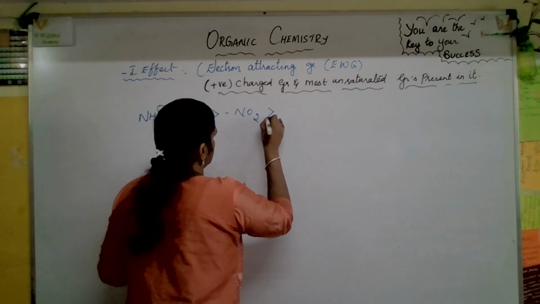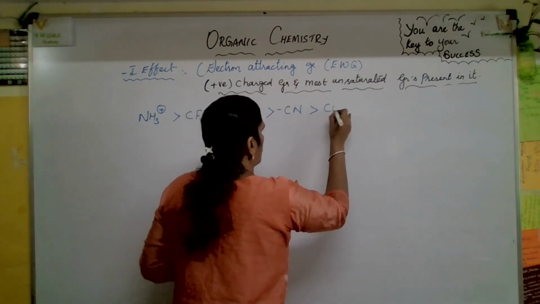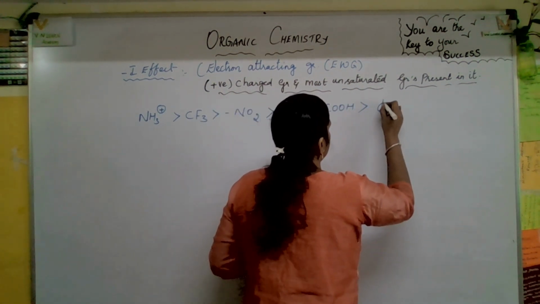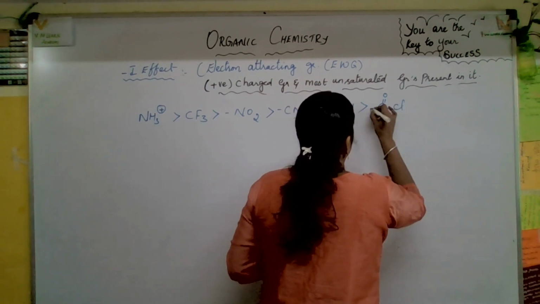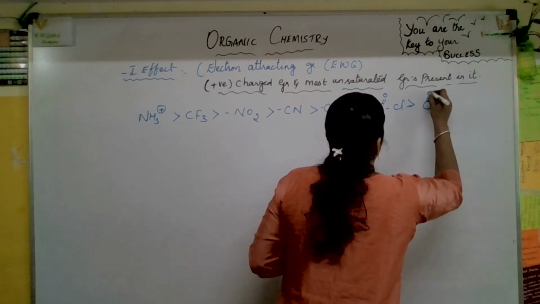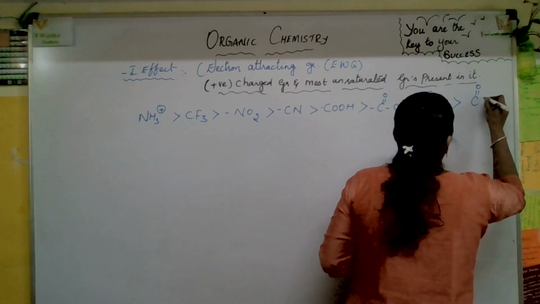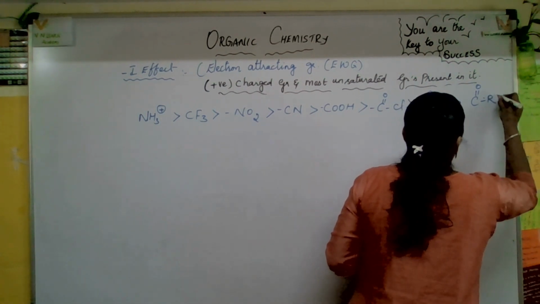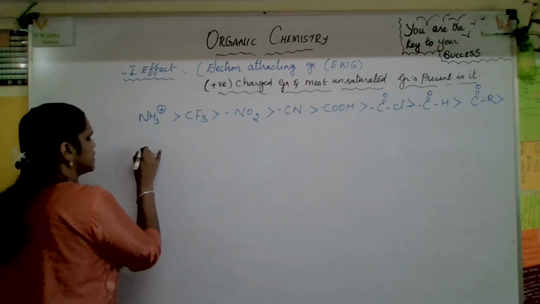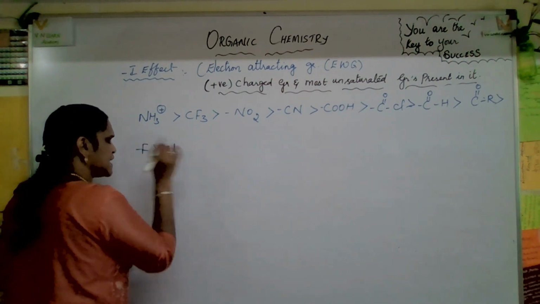The nitro group is greater than the cyano group, which is greater than carboxylic acid, which is greater than acetyl chloride, which is greater than aldehyde. Aldehyde is greater than ketone, which is greater than the atoms too: fluorine, chlorine, which are attached to the carbon chain.